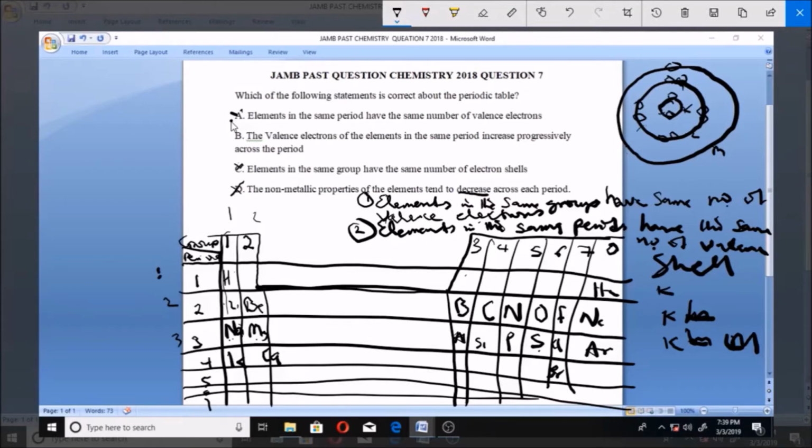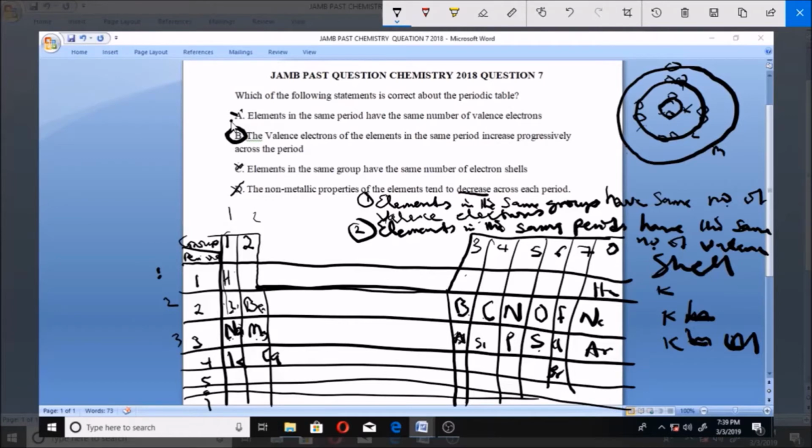The valence electron for sodium is 1, magnesium is 2, aluminium is 3. The same thing here. Lithium, the valence electron is 1, beryllium is 2, boron is 3, carbon is 4. So the valence electron is actually increasing progressively across the period. That makes option B the right option.